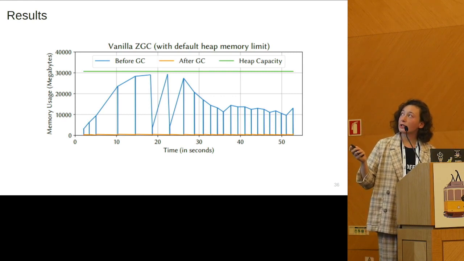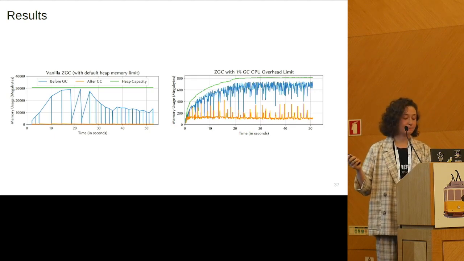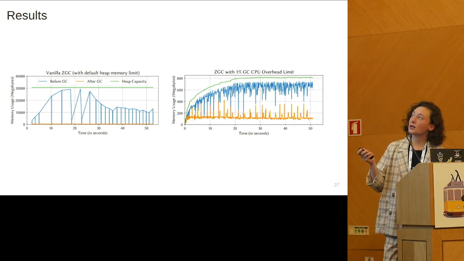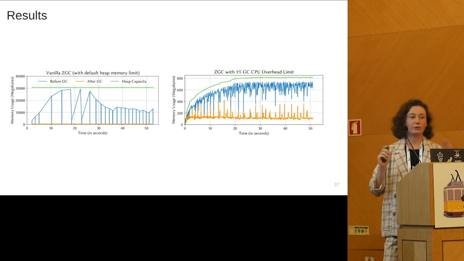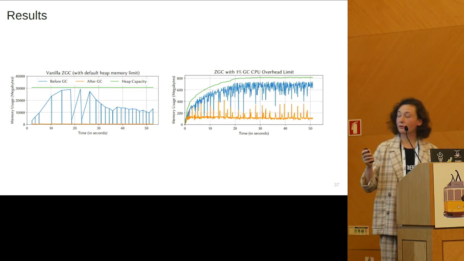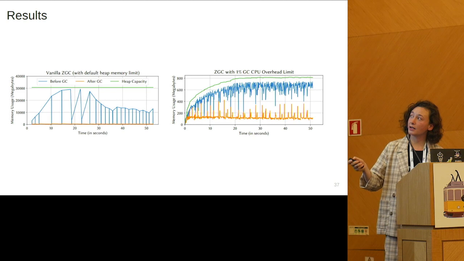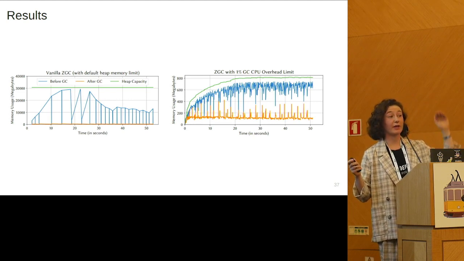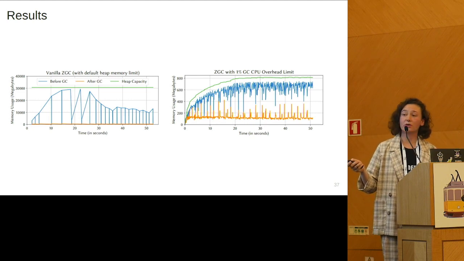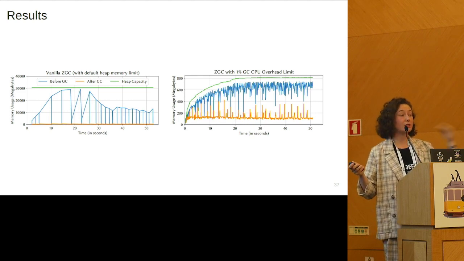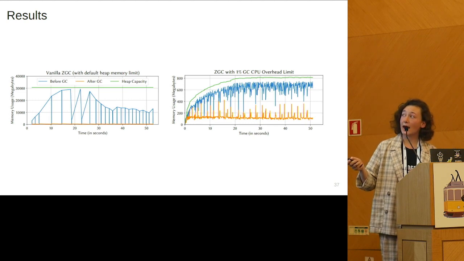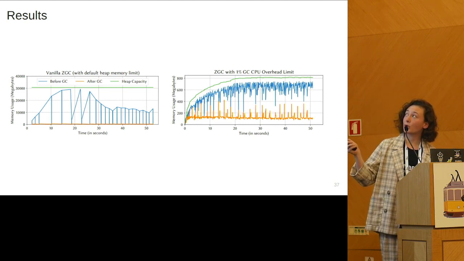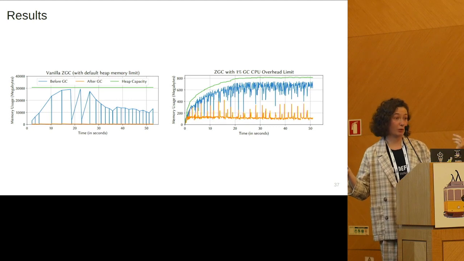Okay, now let's look at how it's now with our implementation. This is our implementation with GC CPU overhead equals 1%. Let me just point to a couple of differences in the two graphs. The first one being that suddenly the green line is not straight anymore, it adapts. So your memory varies, right? In the beginning, we start with a really tiny heap size, and then because there is a lot of pressure on GC, we have to increase the memory until the point where we actually can satisfy the target of 1%.